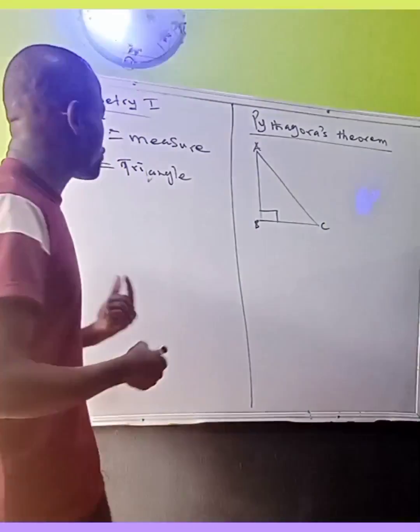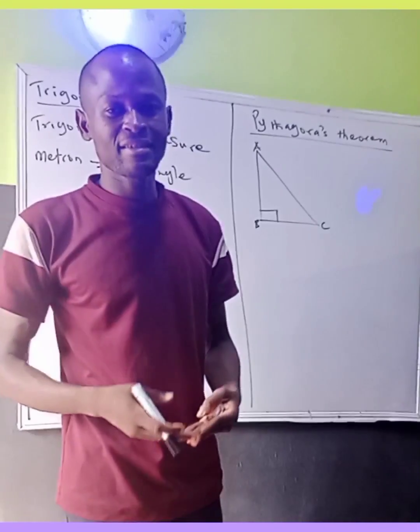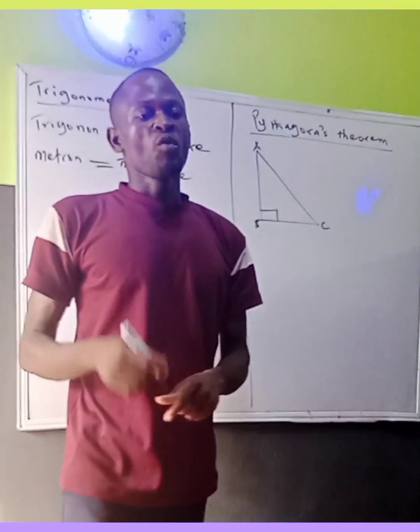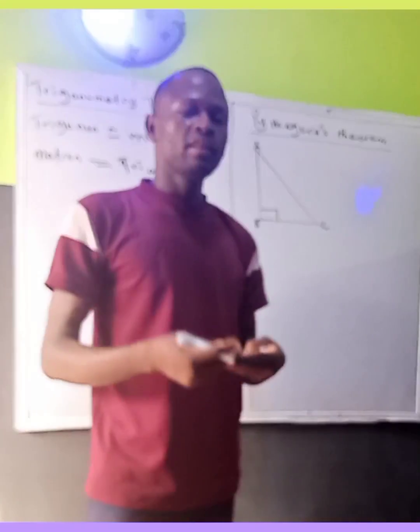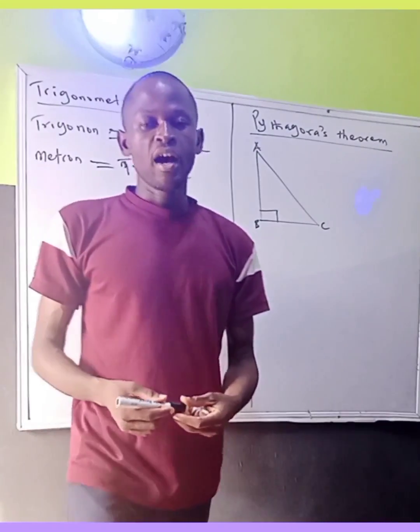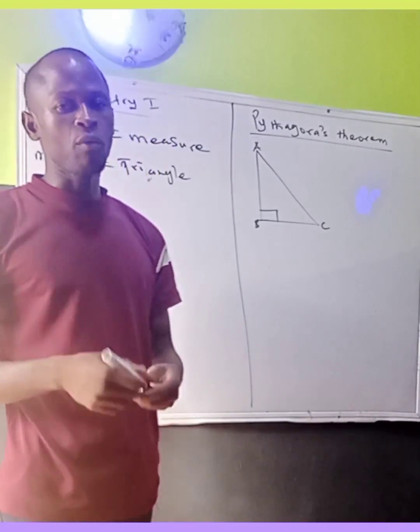Trigonometry is used for calculations of height and distance in a triangle. So, we have what we call the three trigonometrical ratios, and these ratios are defined in terms of a right angle triangle.